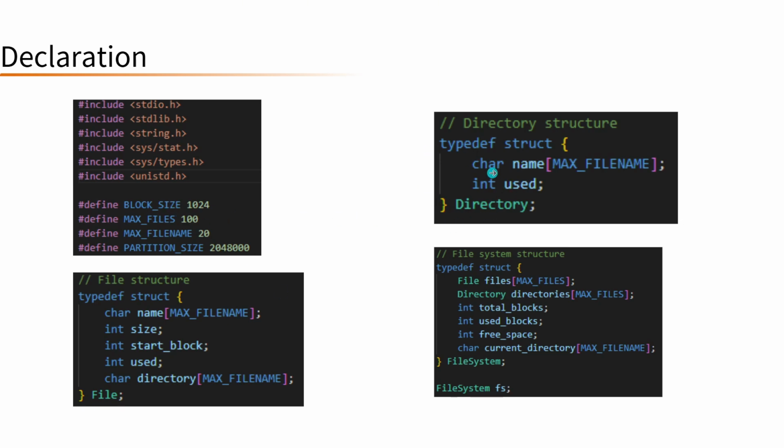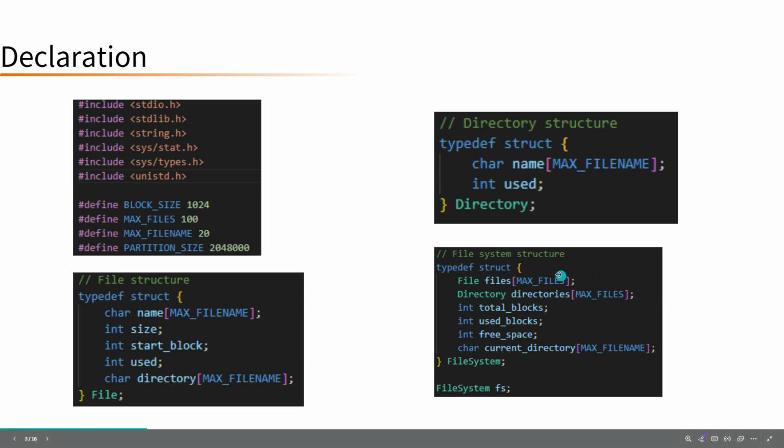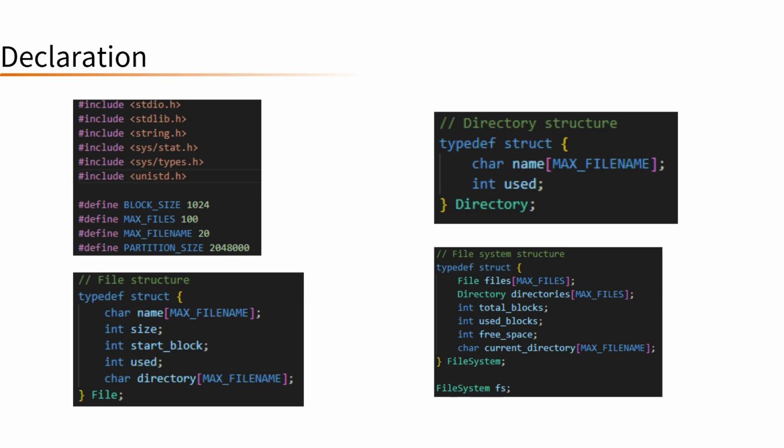Directory structure: this structure represents the basic information of a directory and is used to manage subdirectories. File system structure: this structure is the core of the entire file system, responsible for checking the status of files and directories.